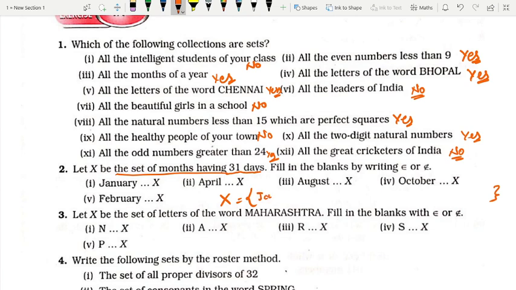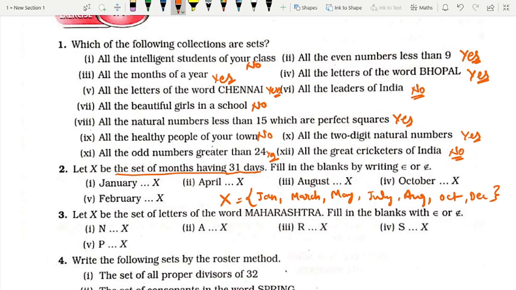So January, February is not having 31, March, May, July, August, October, December. So these are the months which are having 31 days.